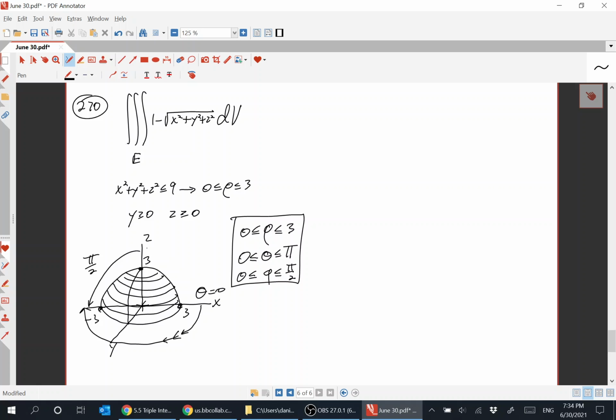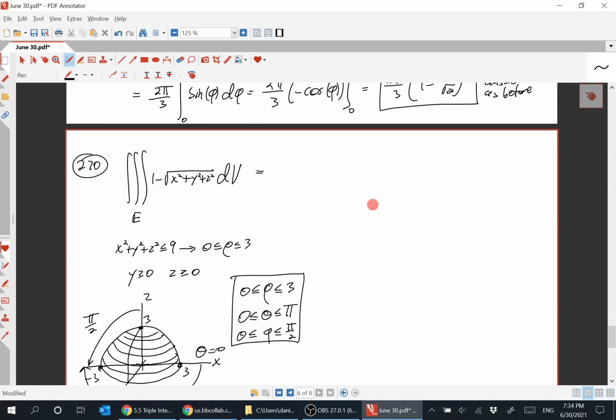Alrighty, so this is equal to the triple integral. Typically we do rho, theta, and phi. 1 minus, so x squared plus y squared plus z squared is rho squared, and then it's rho squared sine phi, that conversion factor, d rho d theta d phi.